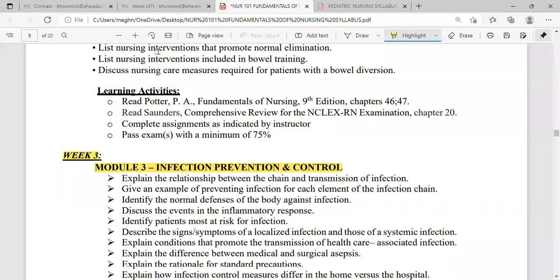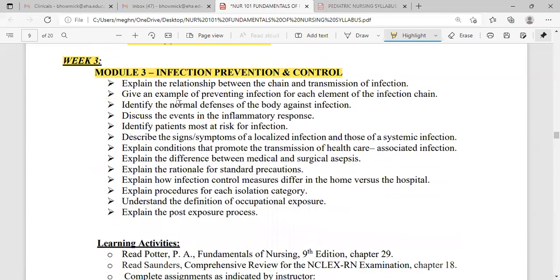The list of nursing interventions that promote normal elimination, including bowel training, and also care measures required for patients with bowel diversion. What are the learning activities in week 2? What are the materials? Fundamentals of Nursing by Potter, Comprehensive Review by Saunders, right? And passing exam, 75% at least.